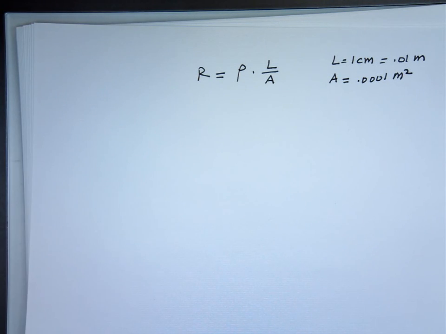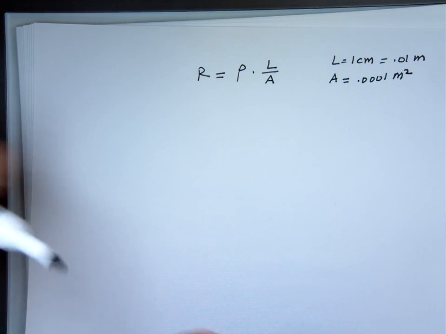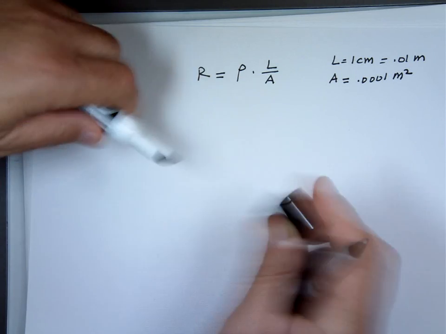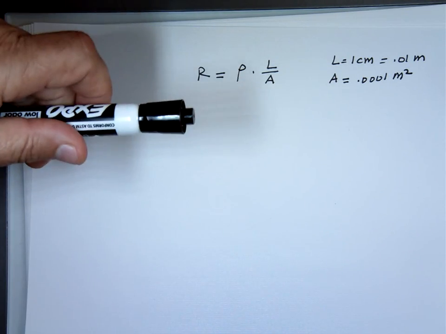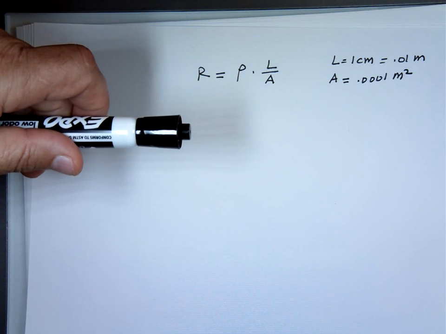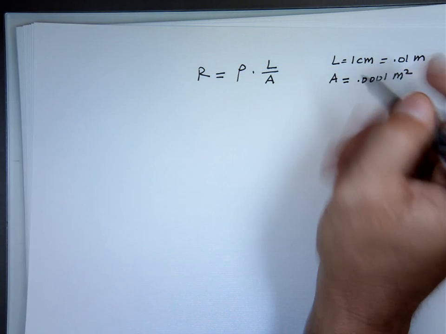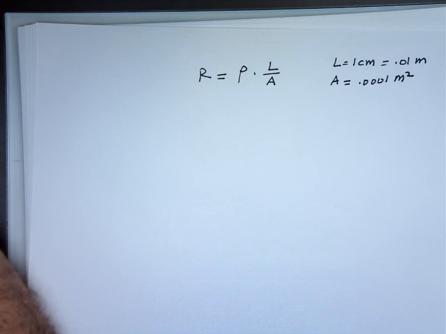So let's modify that. So we're talking about a cable the size of this. You know, so let's add a couple more zeros here to make it really small, because I'm saying meter squared here.